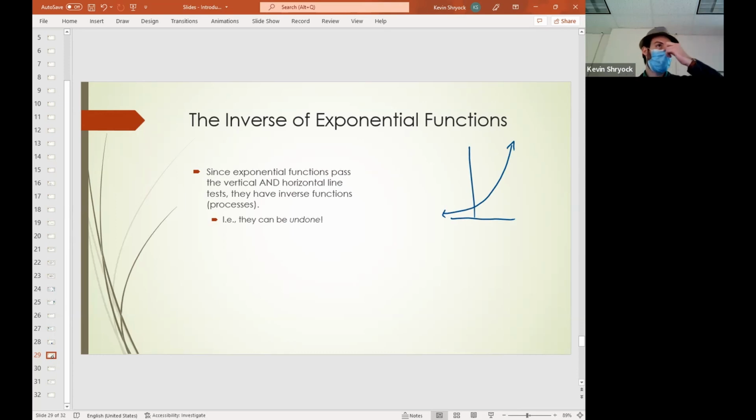For every X value, you get 1 Y value. Very good. If I said I repeated this pay it forward model for 5 days, do we all think there's going to be a certain number of people I helped, or will it be a little unsure? Certain number, right? 3 to the whatever is going to get me a number. That's a function. If I lock in a starting place and it transforms me to an answer, no ambiguity every time, that's a function.